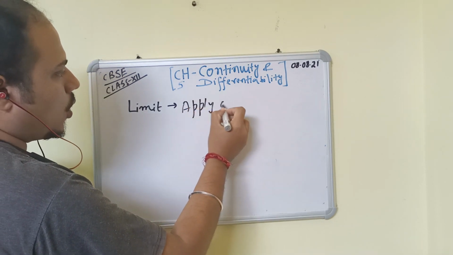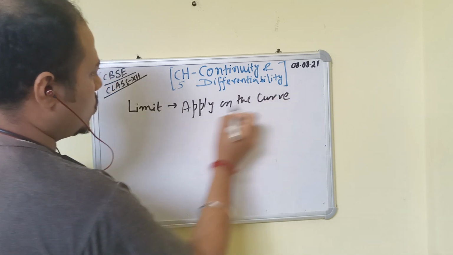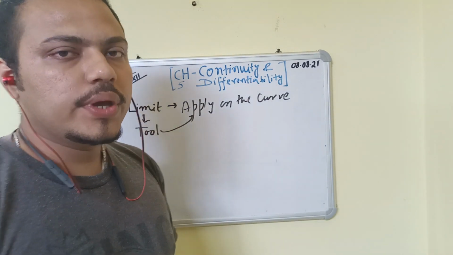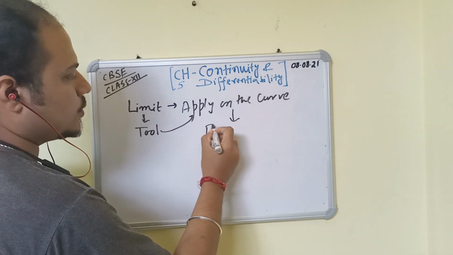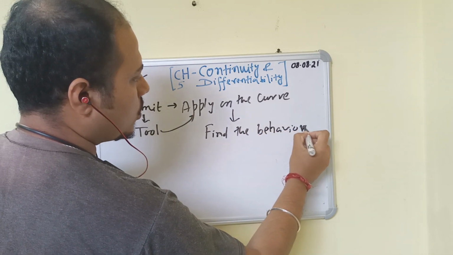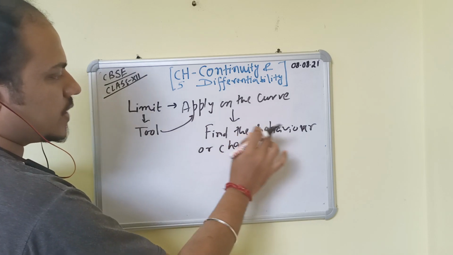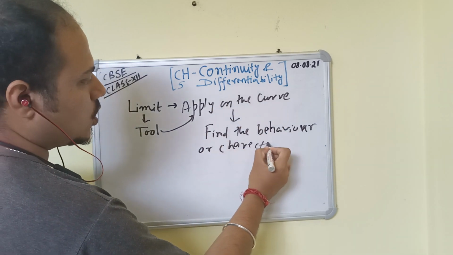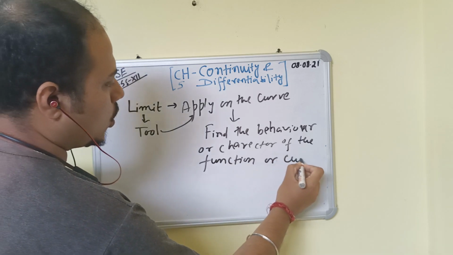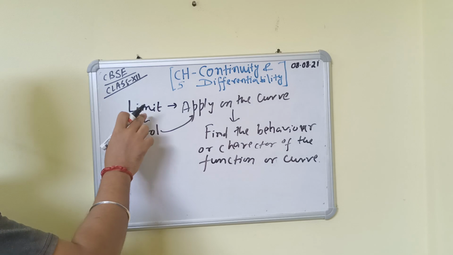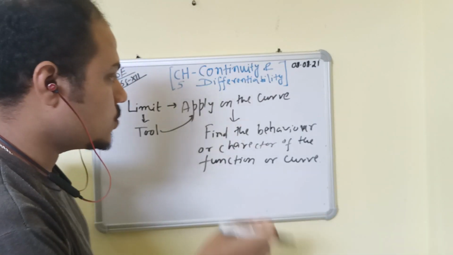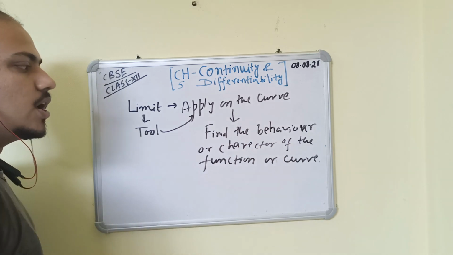Why can we apply it? Because we have to find the behavior or character of the function or curve. So that's why we have to use the limit.